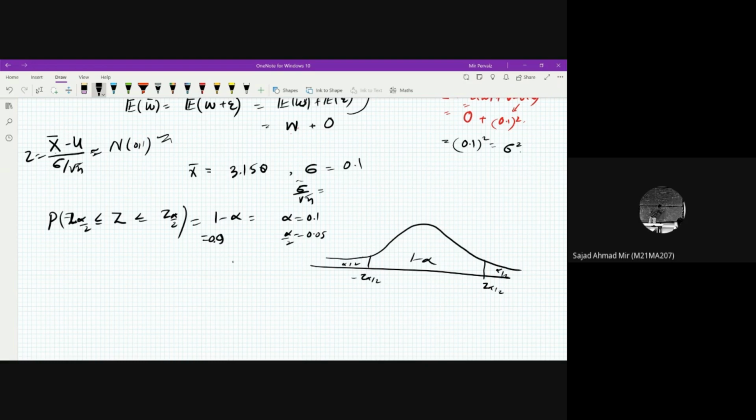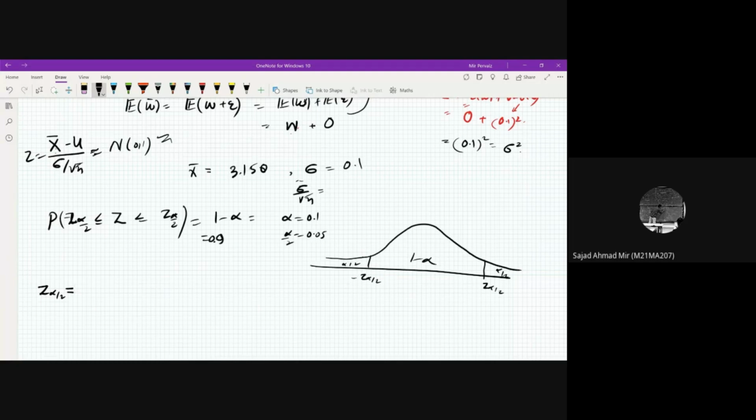Now if you know alpha, then you can find z alpha by 2 from the normal table. Earlier I showed it for the t table, but for the normal table you should know it. Do you know how to calculate this from the z table? You have already done this in quiz 1, right? I think you should be able to identify the value.